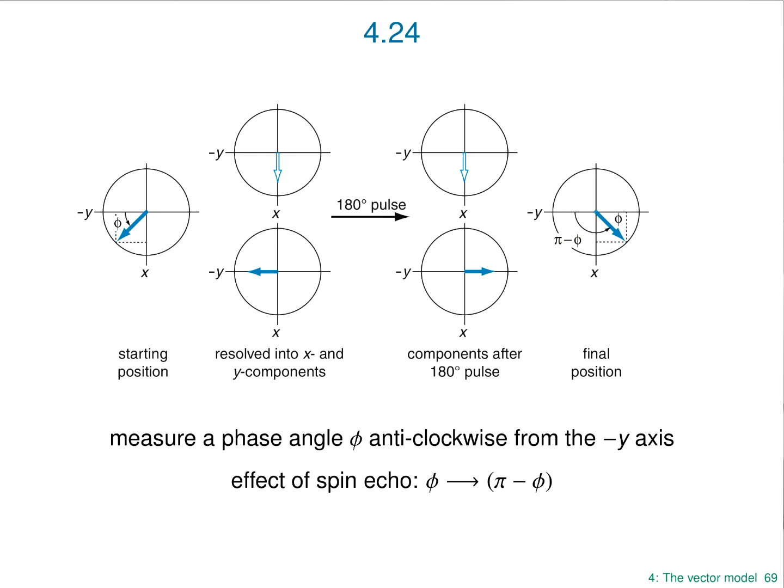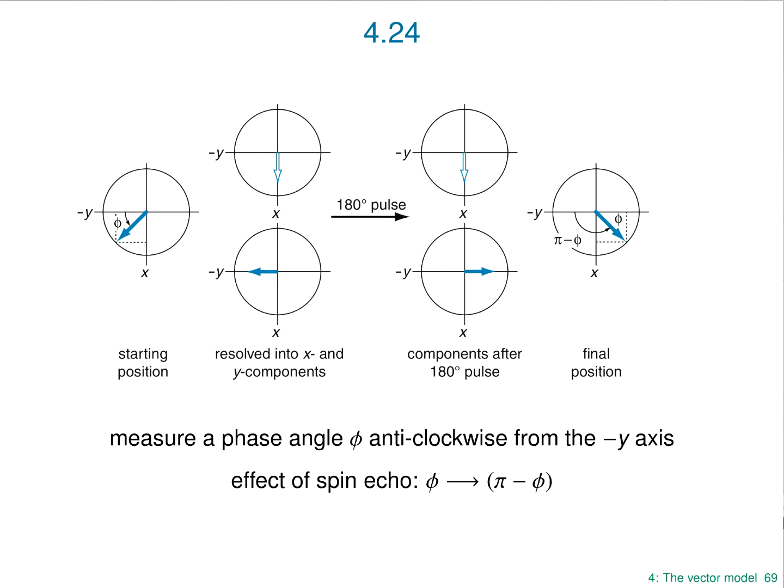You have to be consistent about measuring it in the same direction. So it's still phi away from the horizontal, but the angle measured all the way around is pi minus phi. Okay, so that's the effect of the 180 degree pulse. It takes the vectors to a mirror image position with respect to the XZ plane, and we can describe it as changing this angle from phi to pi minus phi.